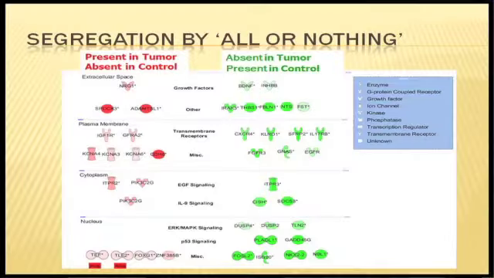Another way to segregate, and I don't think a lot of people do, is using an all or nothing type of comparison. If I'm studying a tumor and a control, and in my tumor this gene is being expressed, but in the normal it's not being expressed at all, I think that's pretty significant. When the light's on and off versus dim, that can play a huge role.